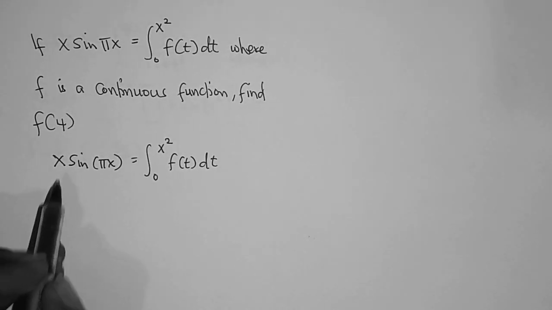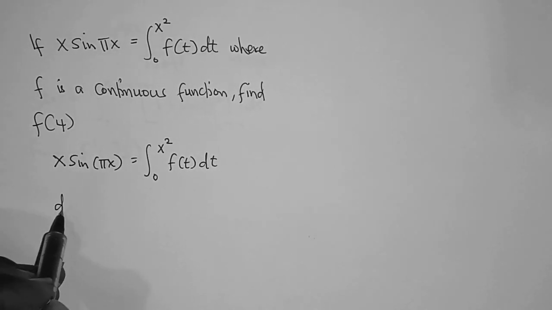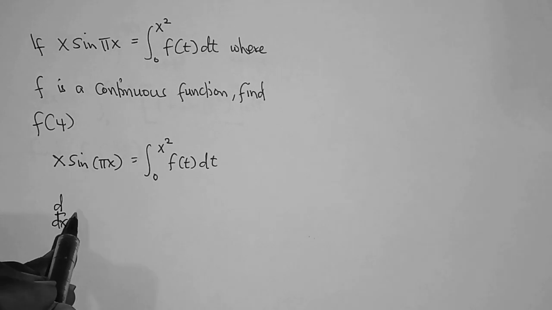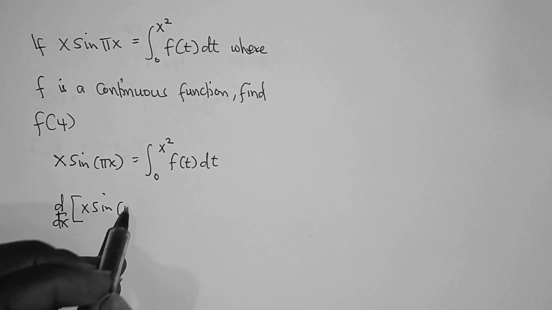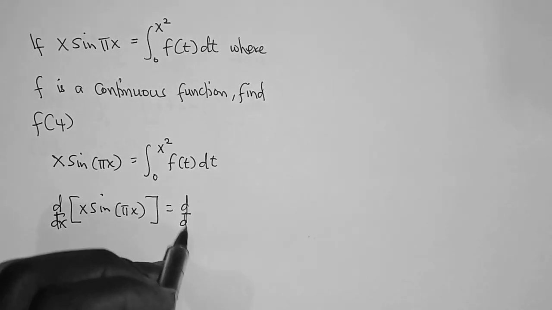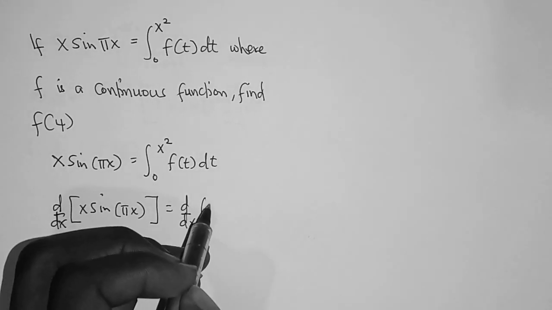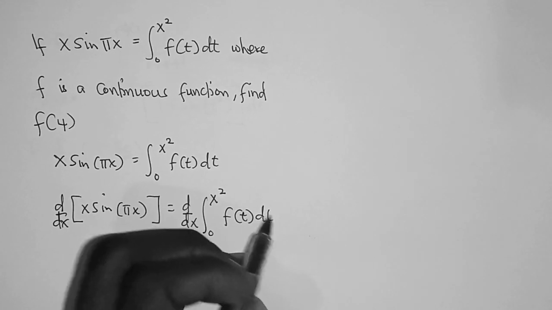So let's take the derivative of both sides. So we are going to find d/dx of x sine pi x equals d/dx of the integral from 0 to x squared of f of t dt.